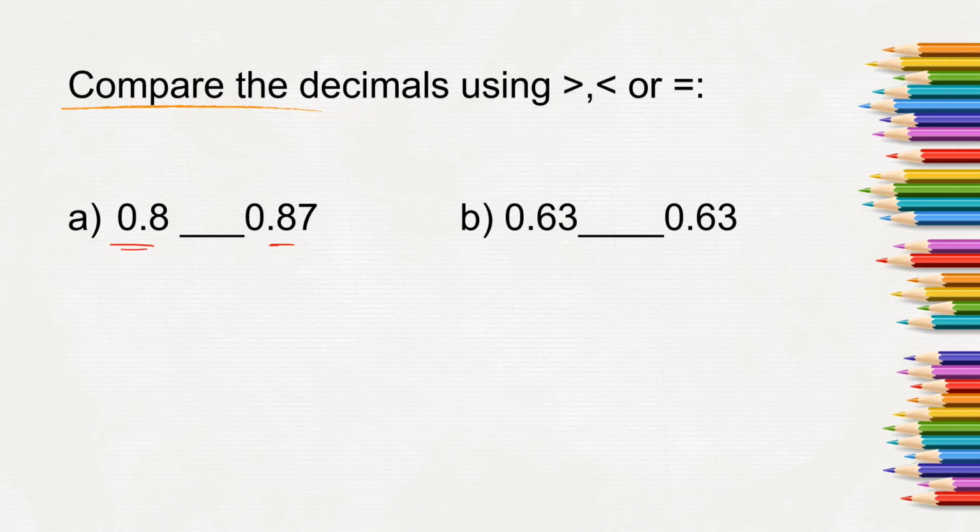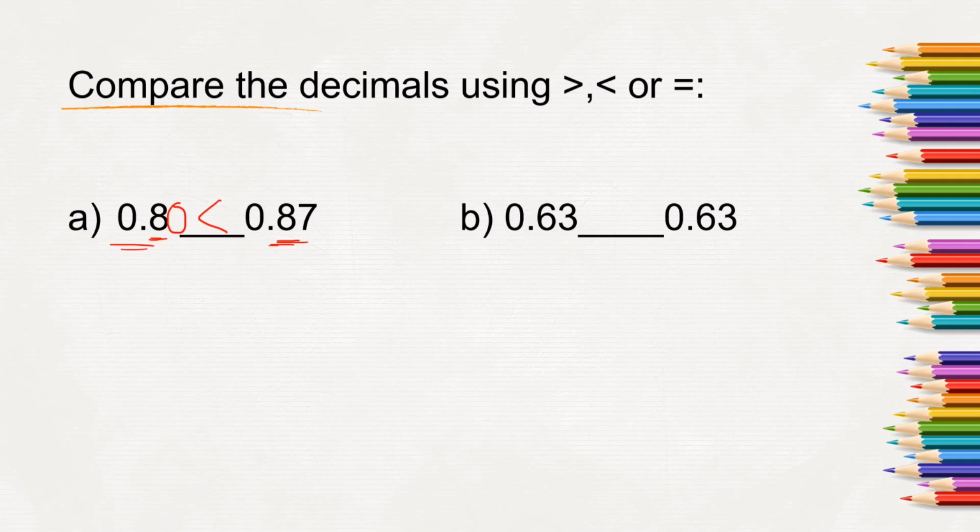Before that, we'll have to make the unlike decimals into like decimals by adding 0. Here is 1 digit and in the second number 2 digits are there. So the first number also we'll make 2 digits by adding 0. So 80 and 87. Compare between 80 and 87, which is greater? 87. So here we can say 0.80 is lesser than 0.87.